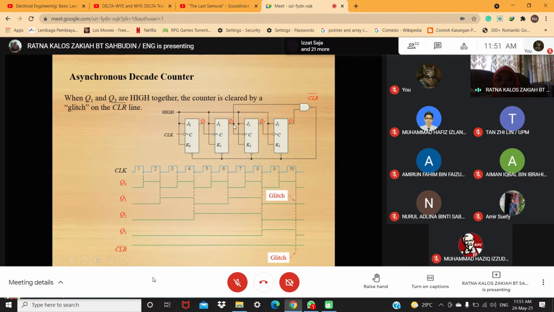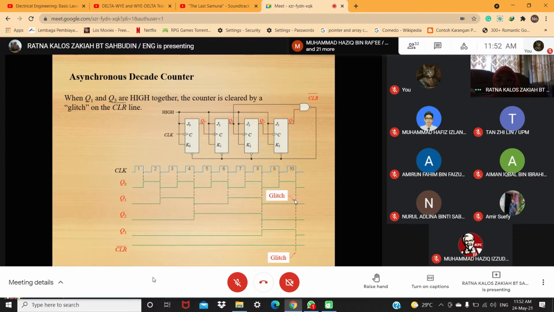Now you look at here, Q1. Where is Q1? Because Q1 is connected to the NAND gate and also Q3. So Q1 is here and also Q3 is here. At this point, this is high.